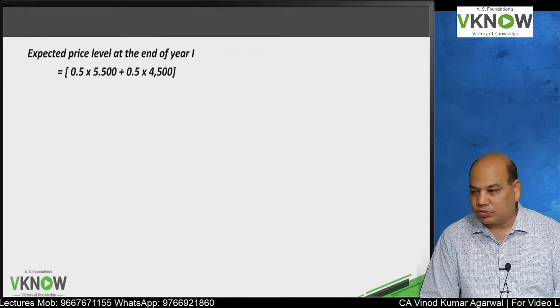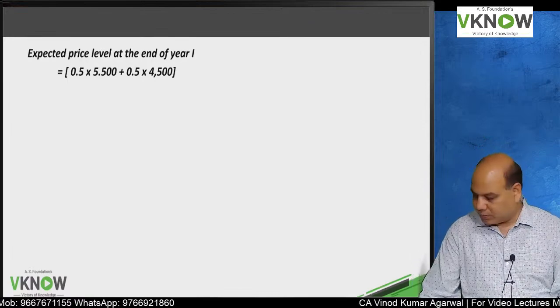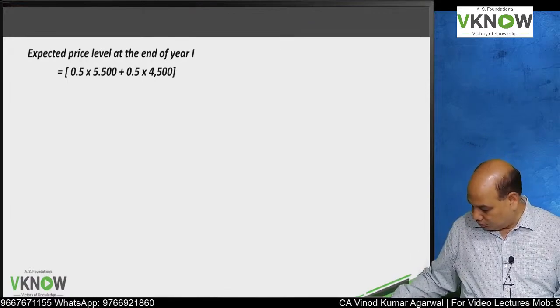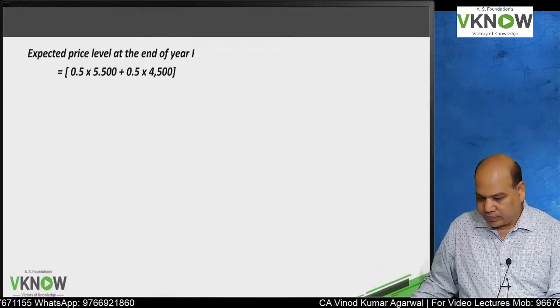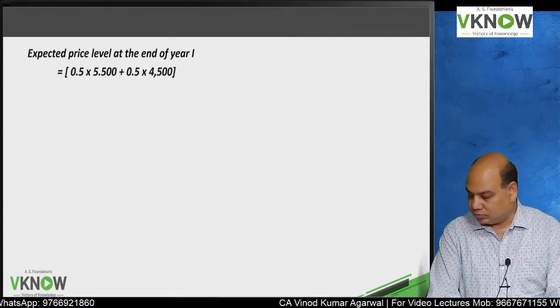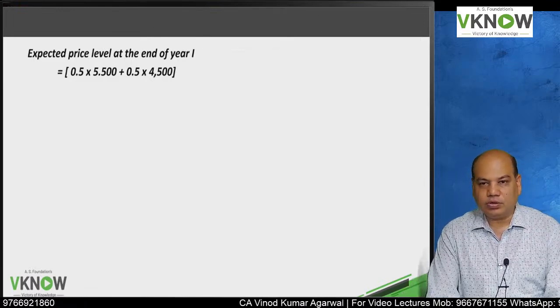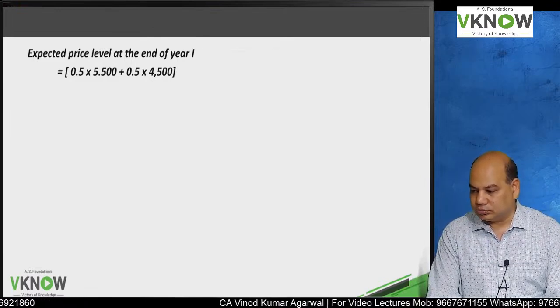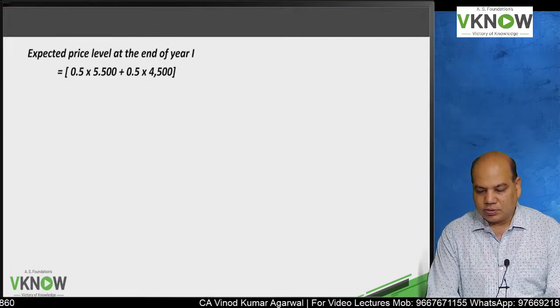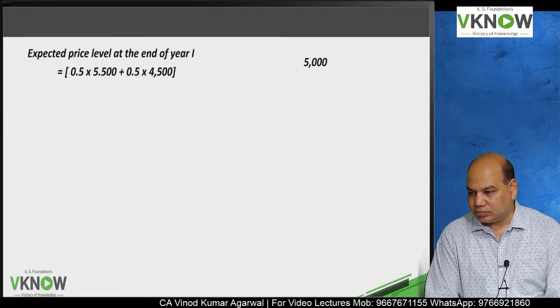Question in front of you, diagram in front of you. The expected price level in year 1 will be 0.5 into 5500 plus 0.5 into 4500. So check the answer please. It will be 5000.